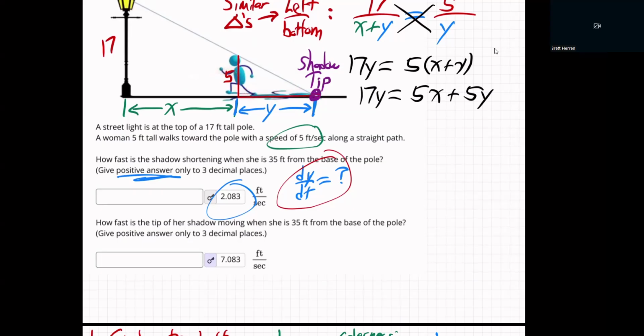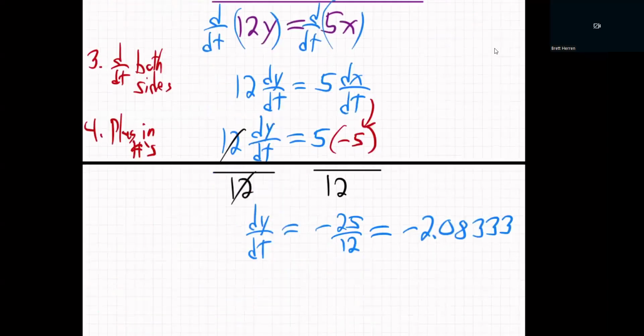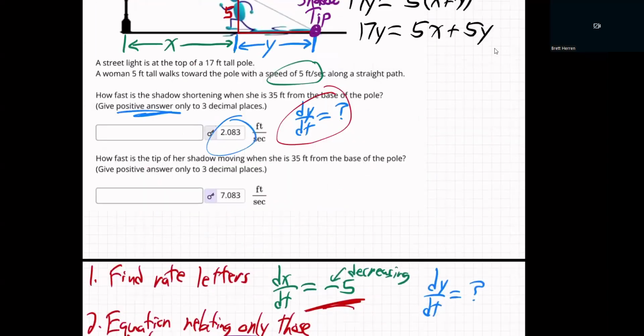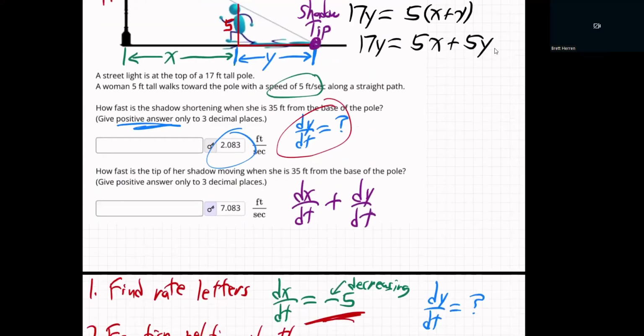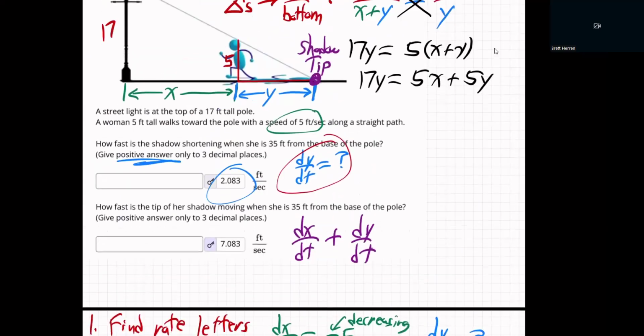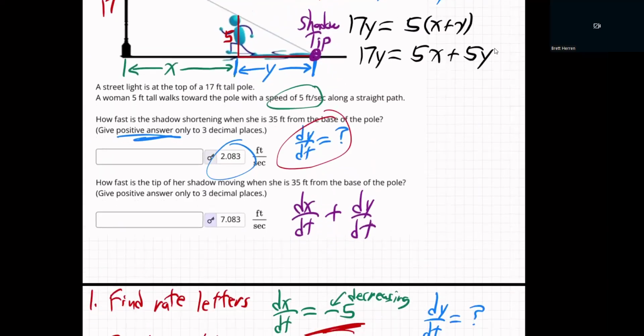But also, the shadow is shrinking, so it speeds it up even more. So both those things together. The tip of the shadow is going to be dx dt plus dy dt added together. I mean, the positive versions of those, right?